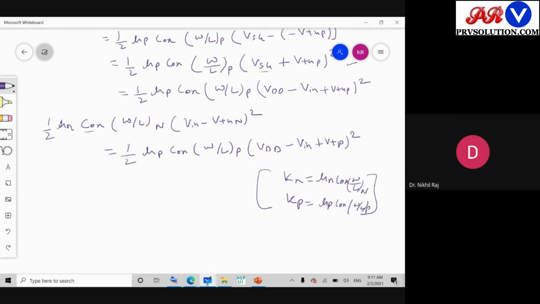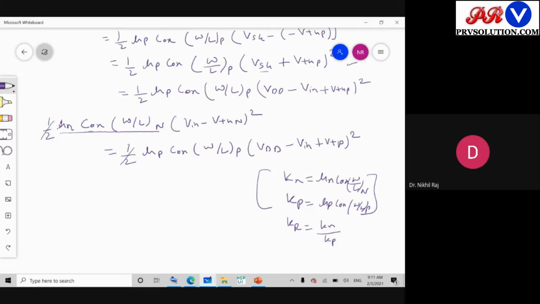And one relation was Kr, which equals Kn by Kp. Since we derived VIL and VIH in terms of Kr, let us also derive this equation in terms of Kr. So this and this half can cancel out, then mu n Cox W by L divided by this factor, if I take it to the LHS, it will become equal to Kr.